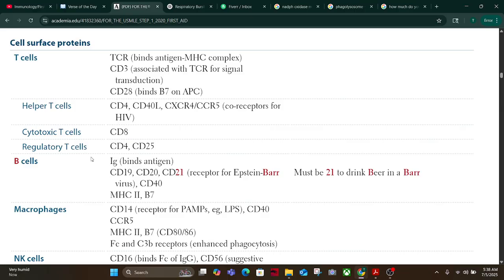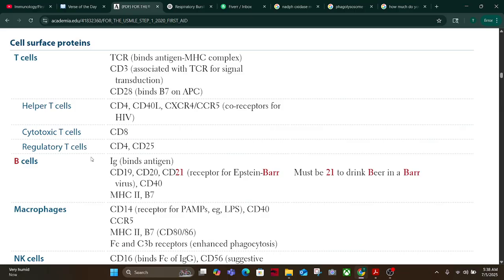CD21 is on the B cell surface, and then Epstein-Barr virus goes and binds to the CD21 on the B cell. Okay. MHC class 2 and B7, all APCs will have B7 and MHC2, and a B cell is a type of APC. That's why MHC class 2 and B7 are written here.